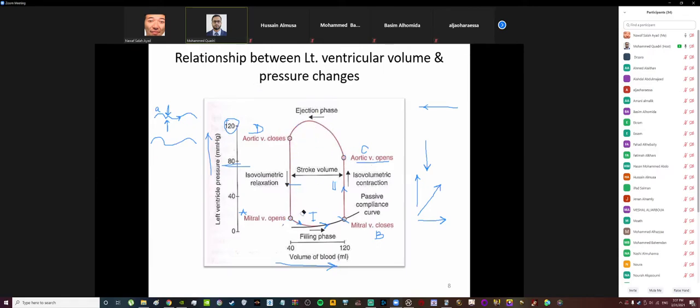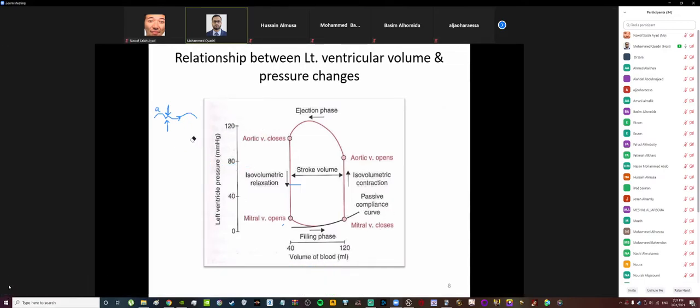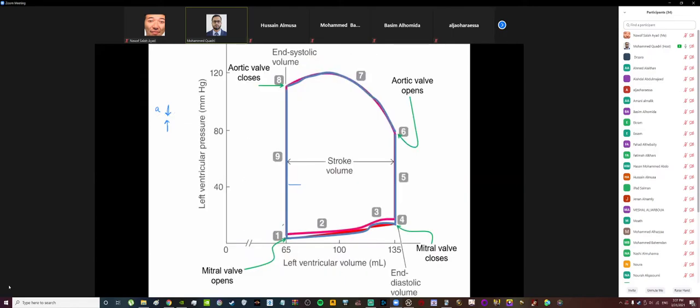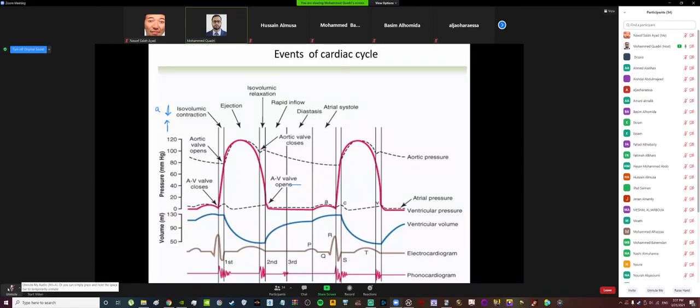I'll come to the previous diagram. What you're talking about, I will come to the diagram. Okay, we're talking about this, isn't it? Yes, doctor.